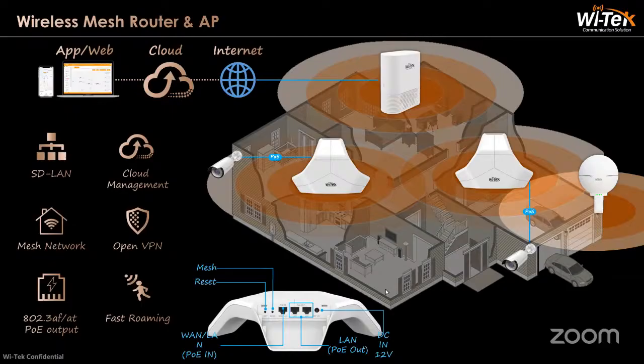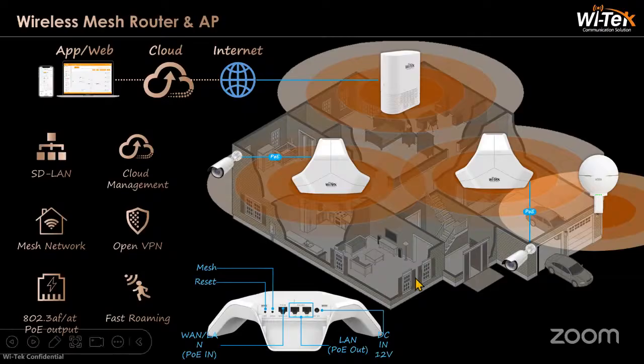So we normally introduce our customers to use the Wi-Tek mesh access point, because you can deploy this mesh access point at any place and anywhere, even in different corners. You can see in this topology you can deploy indoor and outdoor, giving you a mesh system and spreading the Wi-Fi signal.